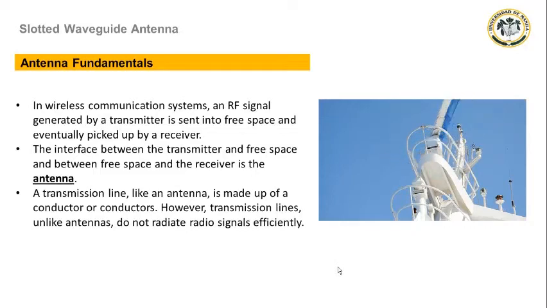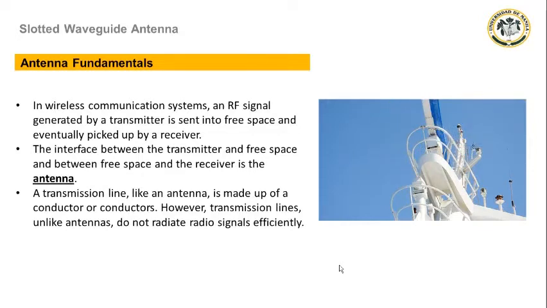The function of the antenna is, firstly, the transmission of the signal, in which the radio frequency electrical energy from the transmitter is converted into electromagnetic energy by the antenna and radiated into the surrounding environment, which are the atmosphere, the space, and the water. The second is the reception of the signal. Electromagnetic energy impinging on the antenna is converted into radio frequency electrical energy and fed into the receiver.